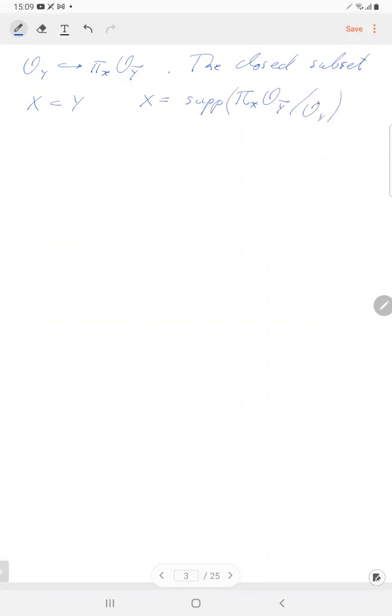Okay. And the complement Y minus X is the desired open set.